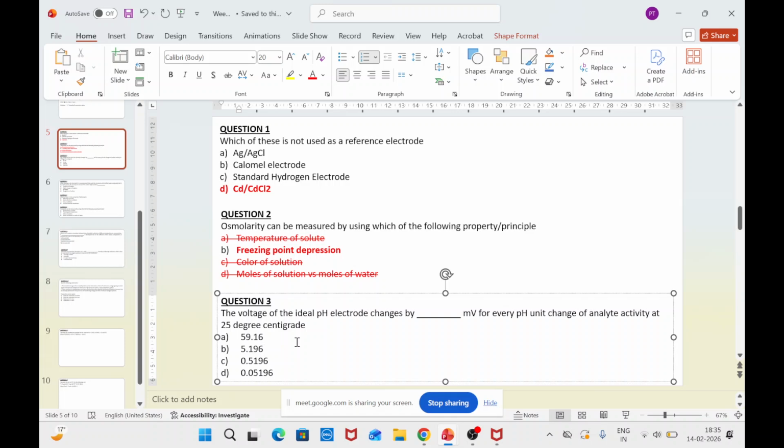The options are right. So how to calculate question 3? You need to use equations and then calculate. You need to correlate the EMF of a cell to the pH.